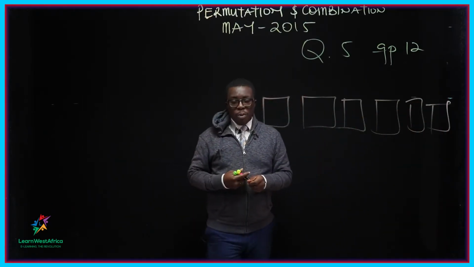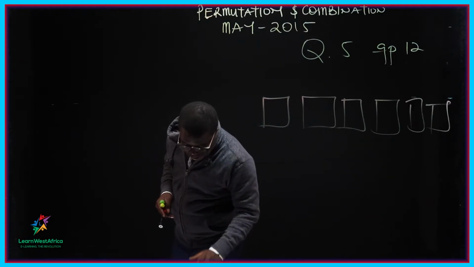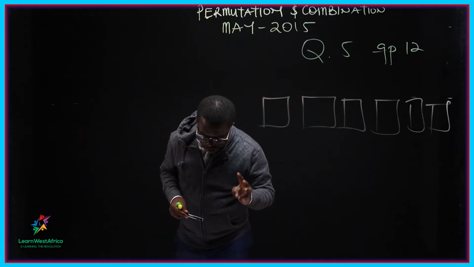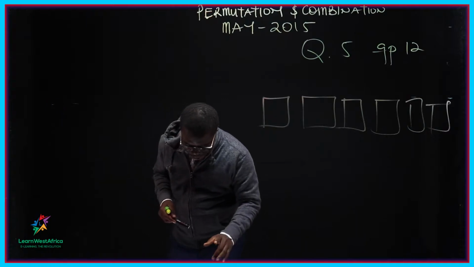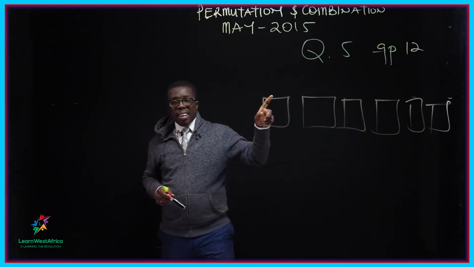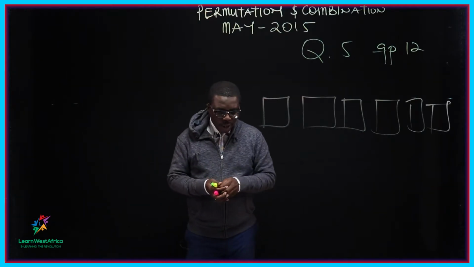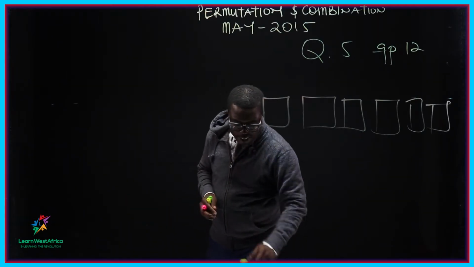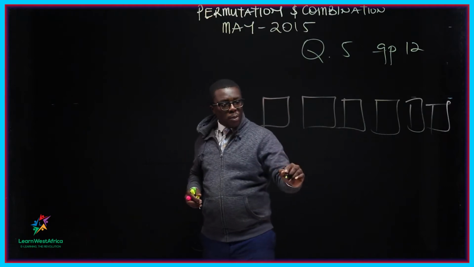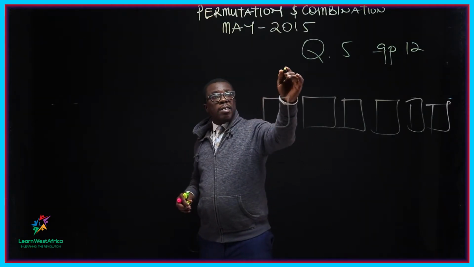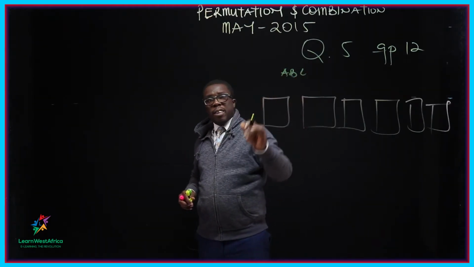Okay, so now we are saying that the letters are A, B, and C. The numbers are 2, 3, and 5. Then the symbols are asterisk and the dollar sign. So just notice something here. The letters A, B, and C give you 3.